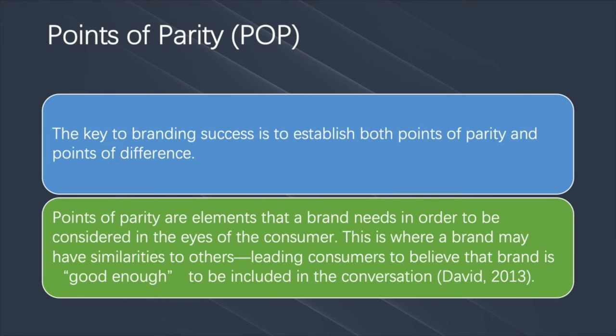Like Keller said, points of parity associations have three types, which are category, competition, and correlation. I will mainly mention the first two types to evaluate Adidas' points of parity compared to Nike and Puma.